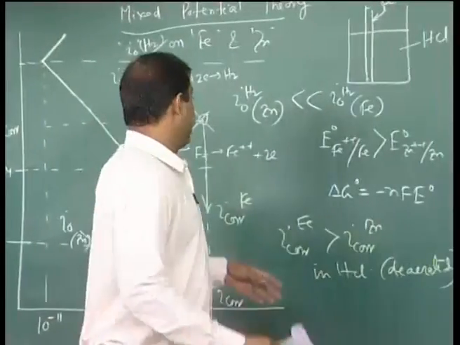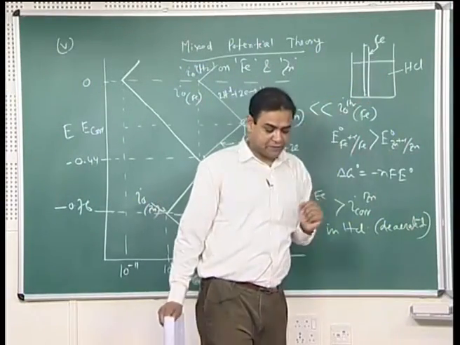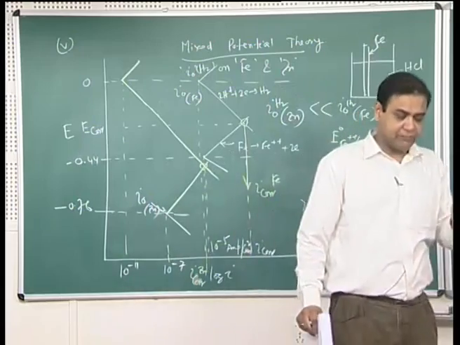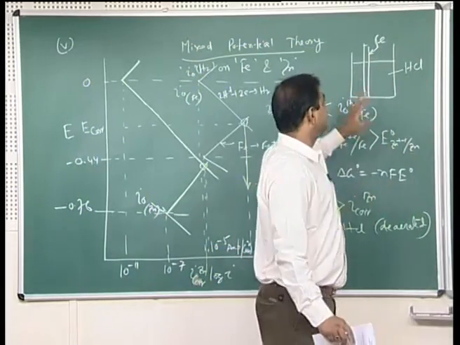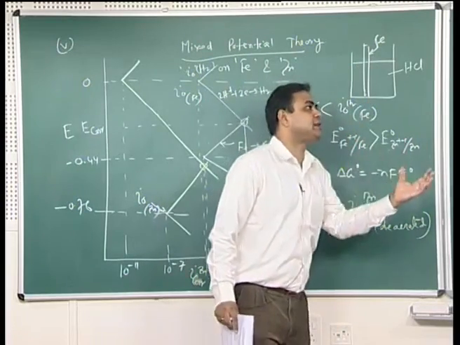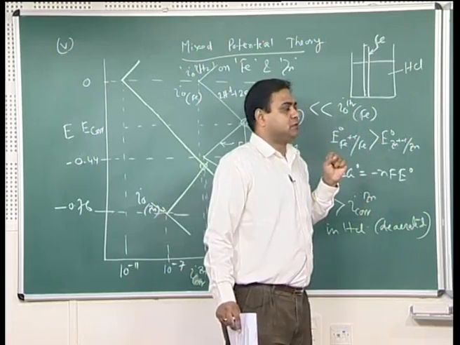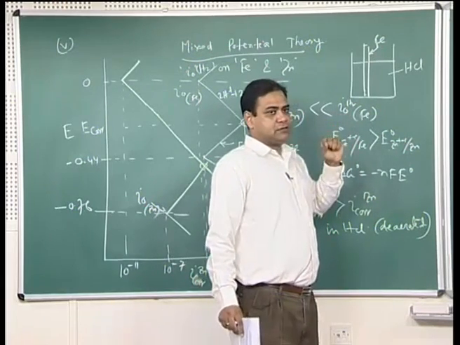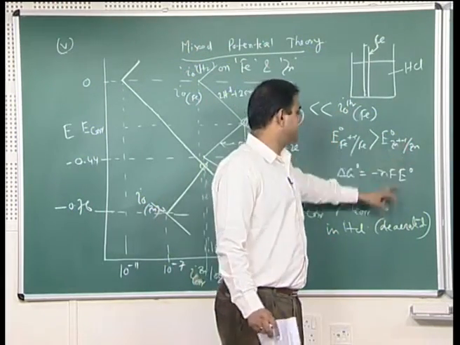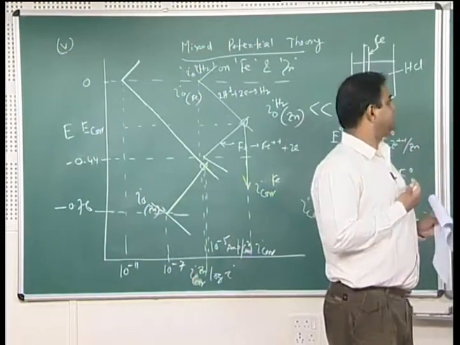So, we have seen what happens if you dip iron and zinc separately in two beakers in HCl of the same composition. But let us see, if we galvanically couple iron and zinc of the same area and dip them in HCl, what would happen, and that too in deaerated HCl. That situation will be a little complicated.